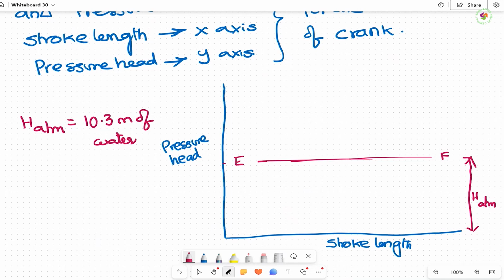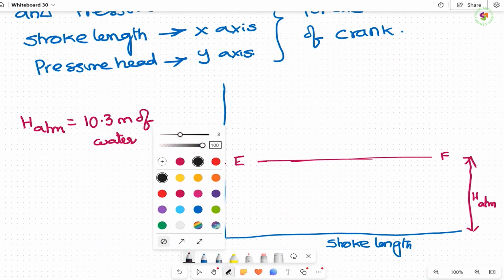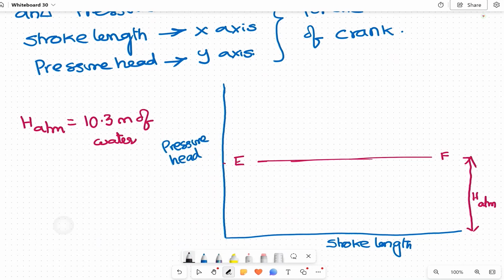Now the pump is started. When theta is equal to 0 to 180, you know that it is what we call the suction stroke. So this is theta equal to 0, this is theta equal to 180, and somewhere at the center theta is equal to 90 degrees. During the suction stroke the pressure head is constant.